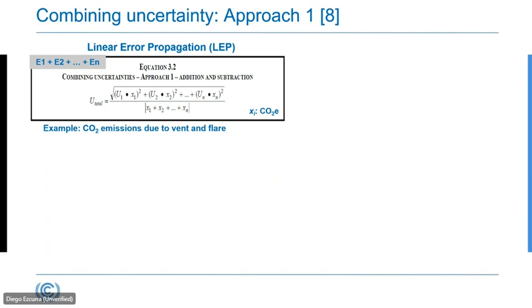So for calculating the relative uncertainty, we'll have to apply the modulus, the absolute value of the emissions, because we are interested in the magnitude and not if they are positive or negative. But the individual emission sources should be kept with their own sign, if they are positive or if they are negative.